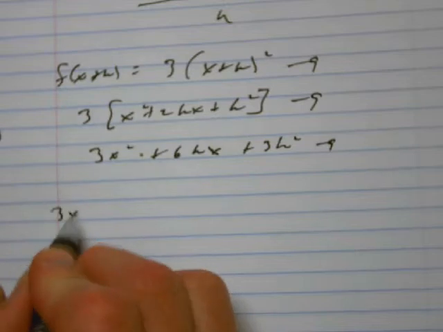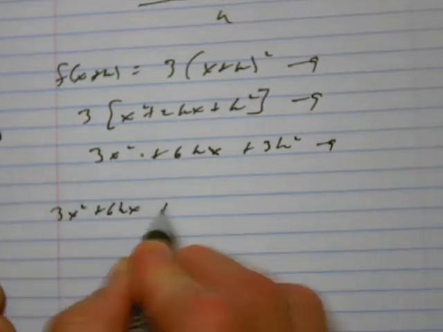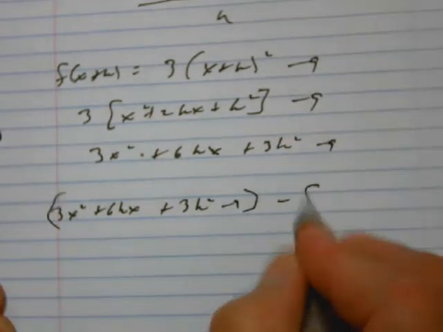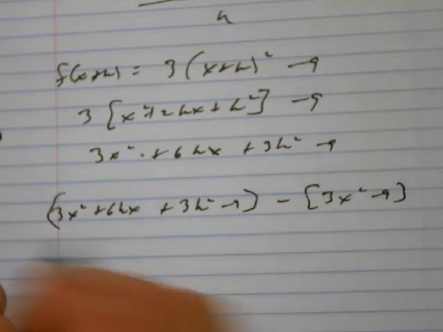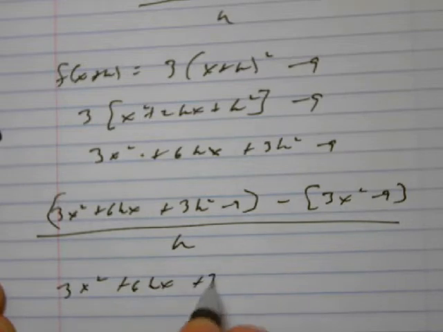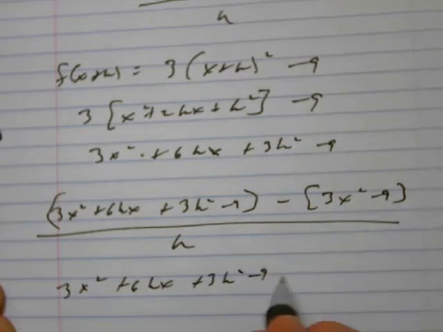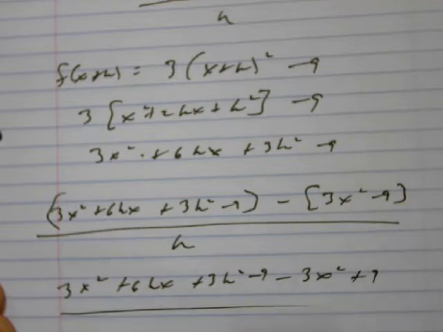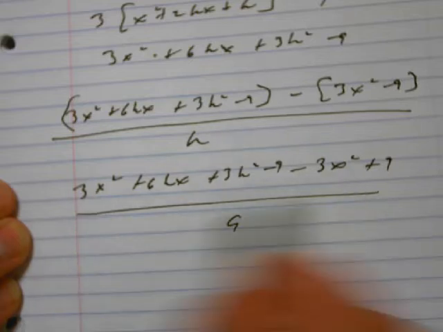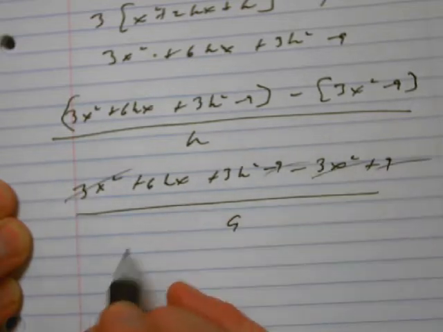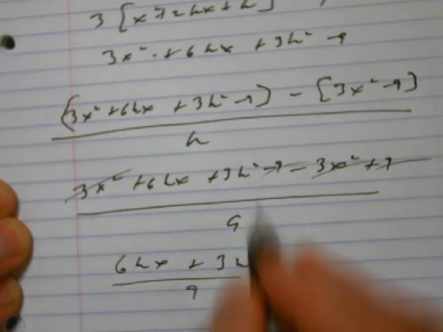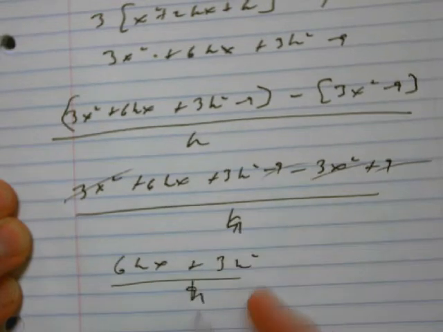Now, once we have that, we're going to actually perform the equation. So 3x squared plus 6hx plus 3h squared minus 9 minus f of x, which is 3x squared minus 9, all over h. I'm going to distribute that negative to each item contained within parentheses. I'll have this as a result, and I'm going to notice that the 3x squareds are going to cancel, the 9 will cancel, and I'll be left with 6hx plus 3h squared divided by h.